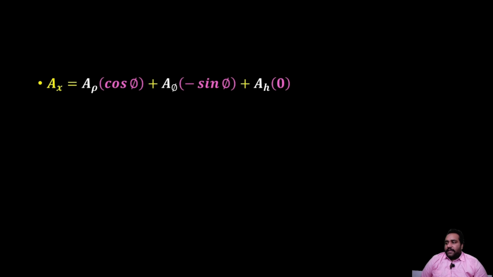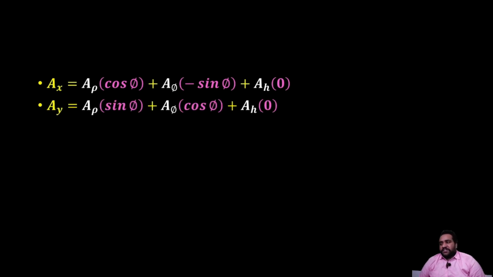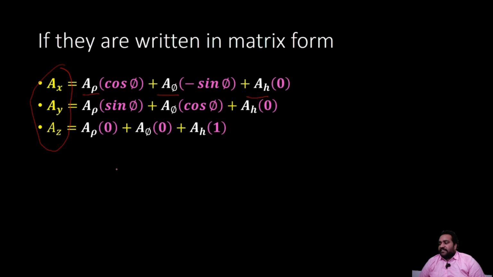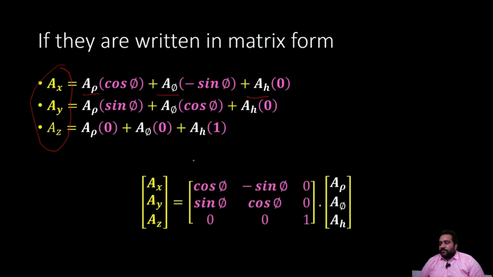Now, if I again write the expressions in one place and try to create a matrix as I have created earlier, here this is the unknown column vector, and these would be my known vectors, and again I'd be forming a 3x3 matrix of coefficients.